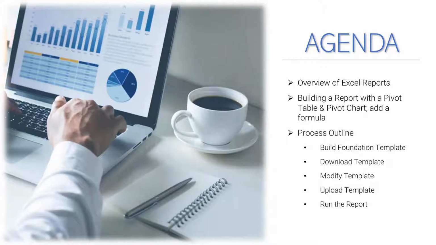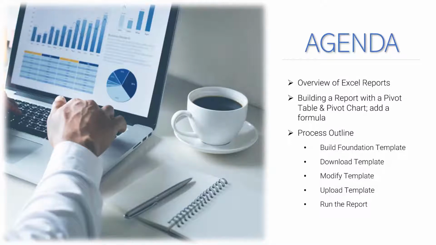and we'll take you to the next level. But basically the process that you follow with an Excel report is you first of all build your template, just like you do in the reports module where you build your template. You then download the template, which gets downloaded into Excel, and then in that template is when you then can add formulas, create pivot charts and pivot tables.